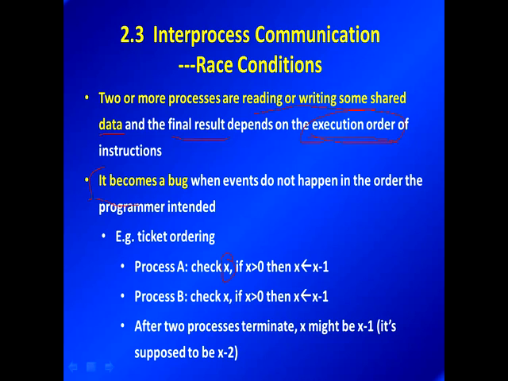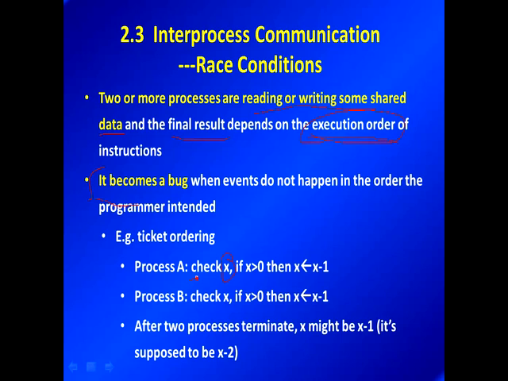But now we'll see how the different execution order of these two processes influences the final result. How can it be just 2 after 2 processes order one ticket separately? So now, just follow me to check the whole process.